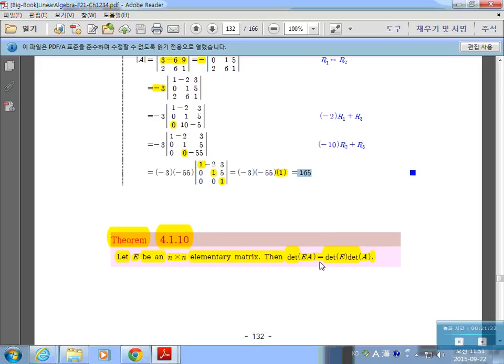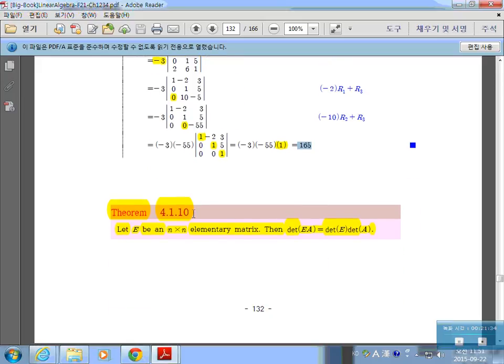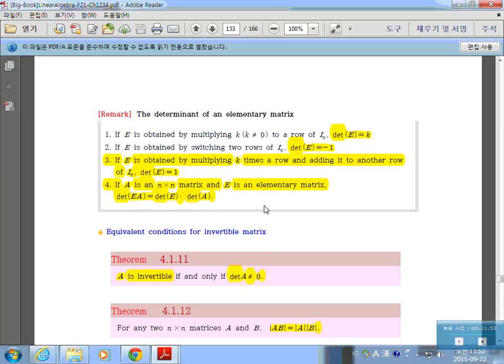What this means is that doing an elementary row operation means you multiply the elementary matrix on the matrix. So the determinant of EA is equal to the determinant of E times the determinant of A. This is what this example says.